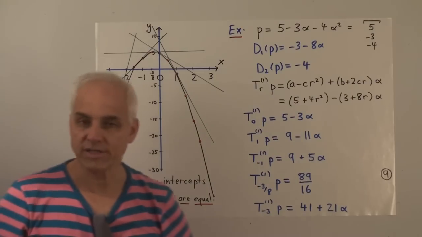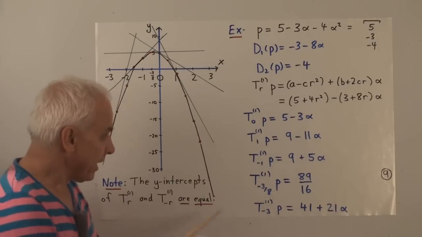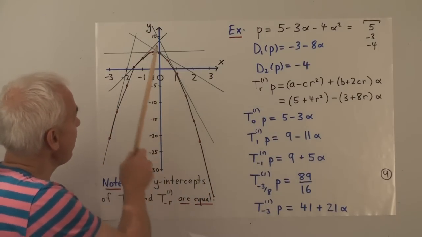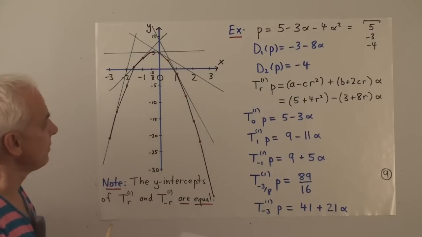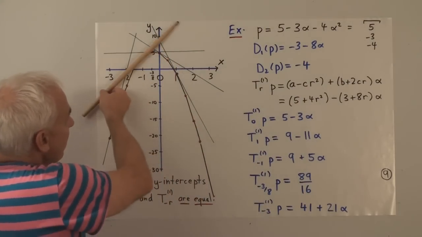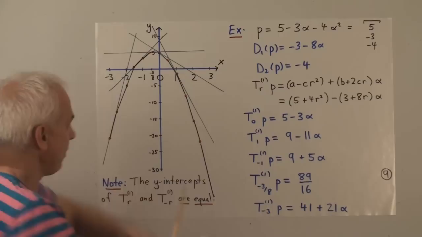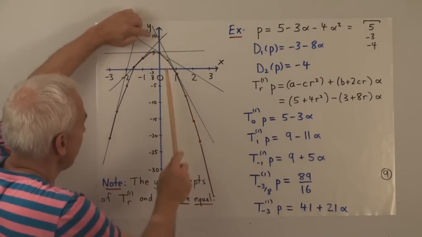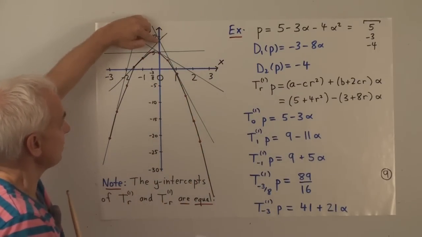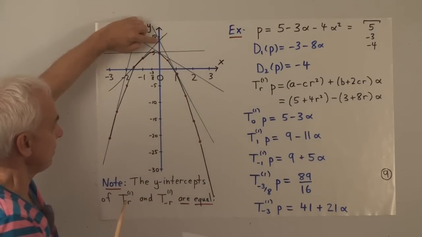Now I want to point something out to you. A rather interesting little observation. Have a look at these two tangent lines. The tangent line at 1 and at -1. These two tangent lines have the property that their y-intercepts are both 9, which means that they meet right on the y-axis at the point 9.